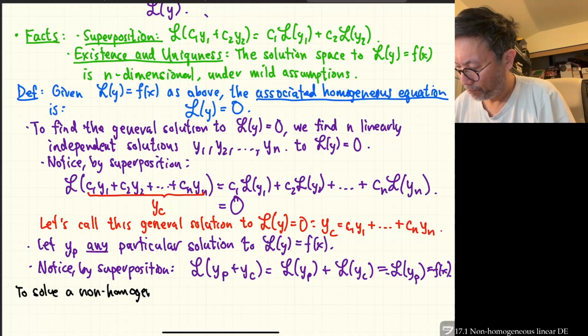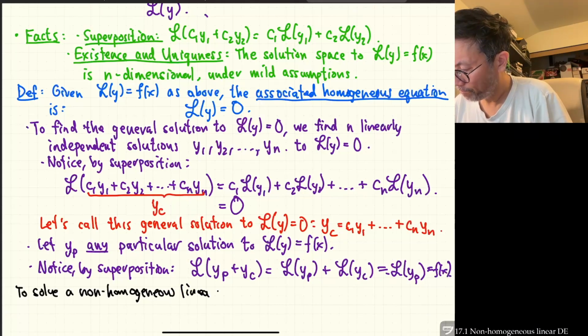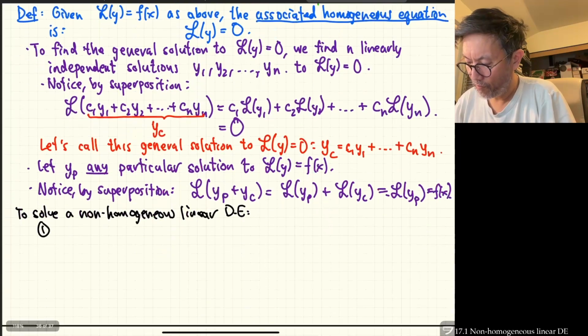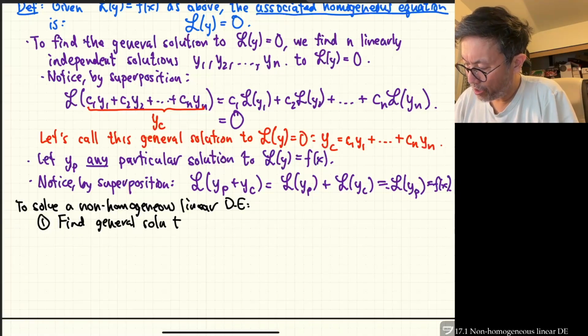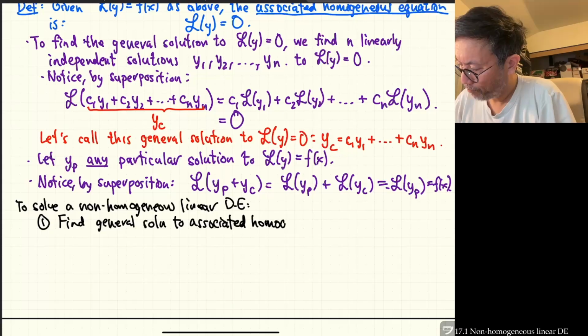Find the general solution in two steps. Step 1: find the general solution to the associated homogeneous equation, which is L of y equals 0.